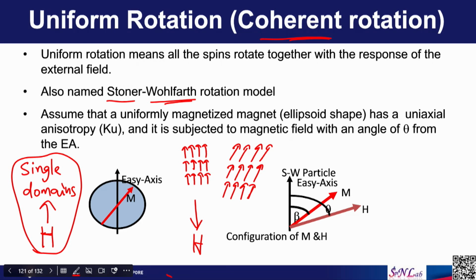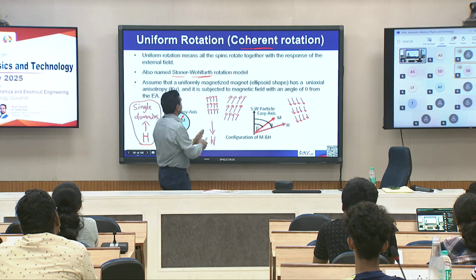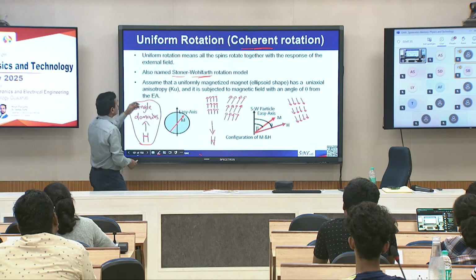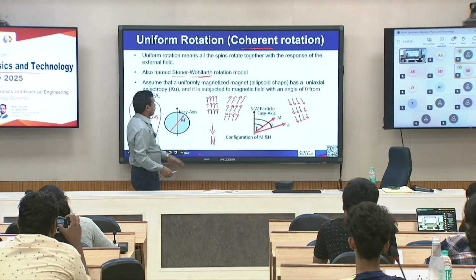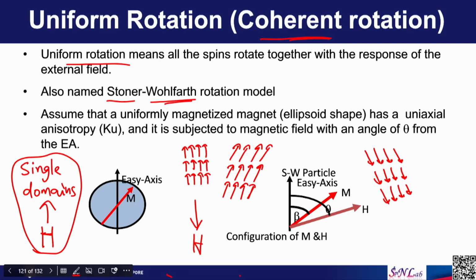At another point of time they may be all like this. So, you can see that they are all coherently going together from one direction to the other direction, like the synchronized swimmers they do in Olympics. So, they all behave synchronized to each other. Okay. They go coherently from one direction to the other direction. Okay. So, this is what it means, all the spins rotate together with respect to the external magnetic field.